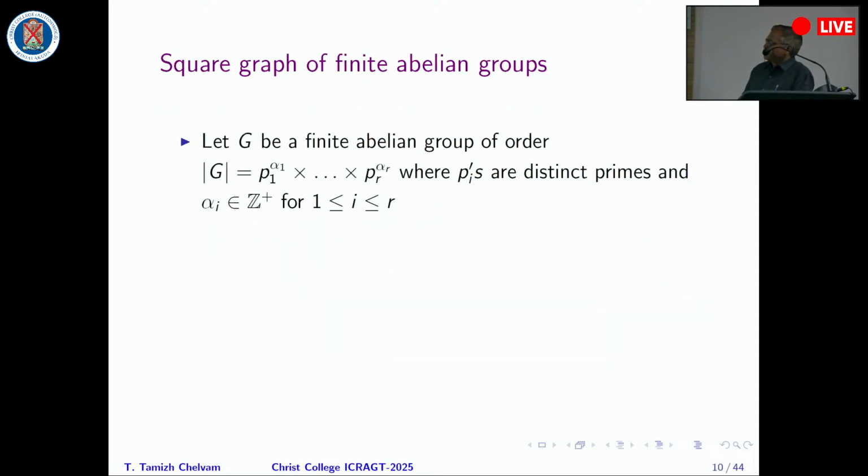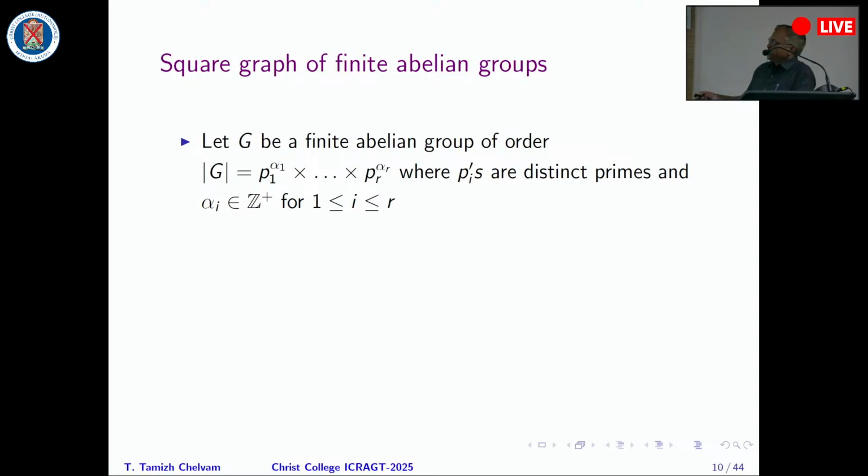Having introduced it, we would like to explore the parameters and how best to describe the structure of the square element graph of finite abelian groups. Of course, the very fundamental tool from algebra is the structure theorem for finite abelian groups. Any finite abelian group can be written as a direct product of finite cyclic p-groups.